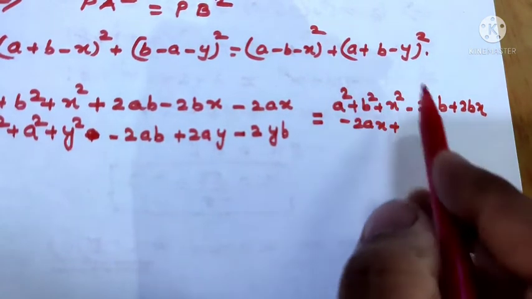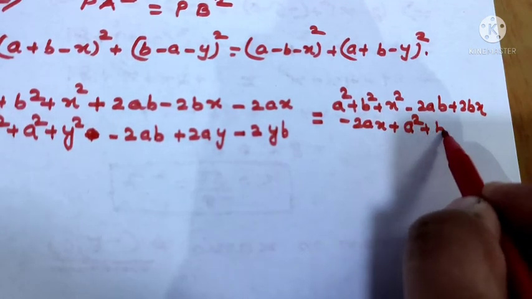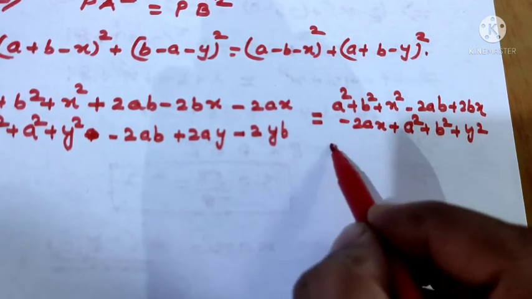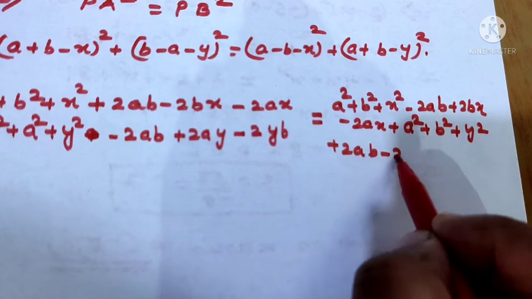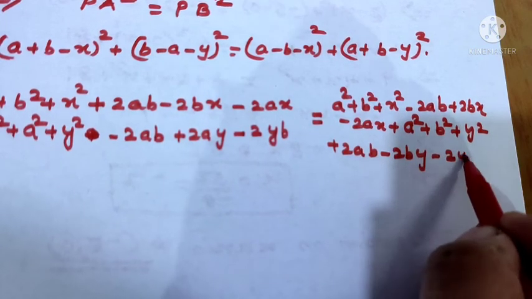Again 3 terms square, a square plus b square plus y square plus 2ab minus 2by minus 2ya.